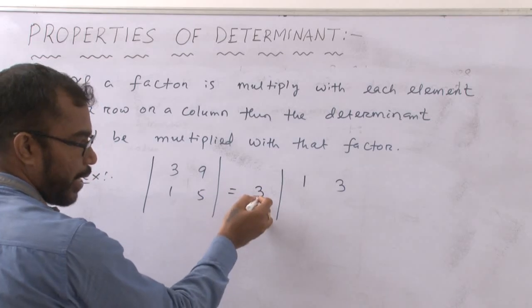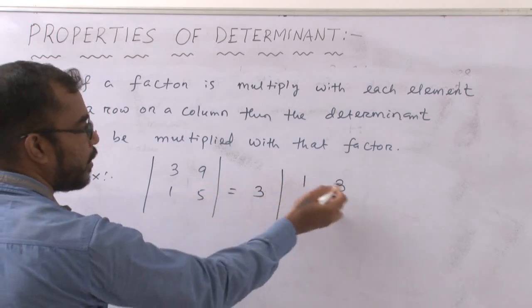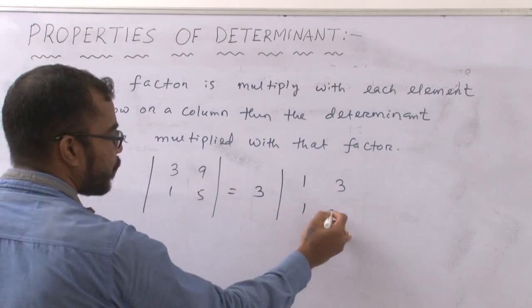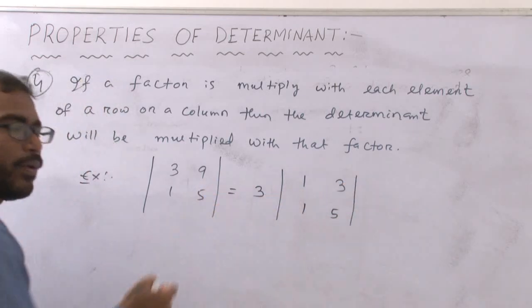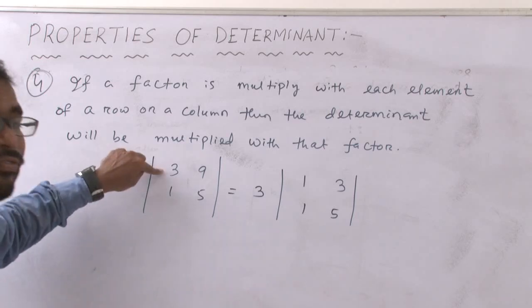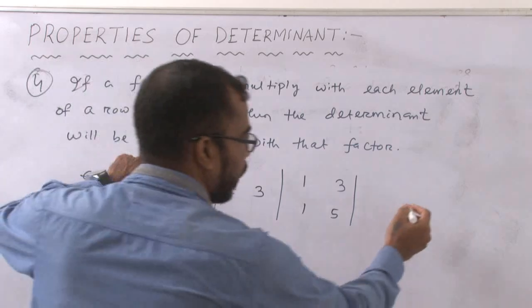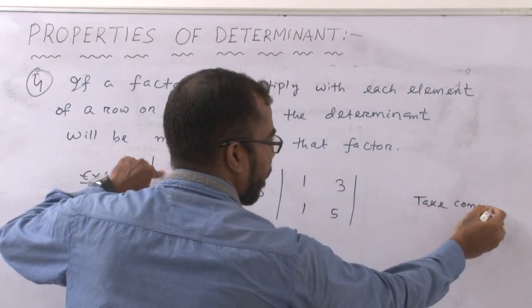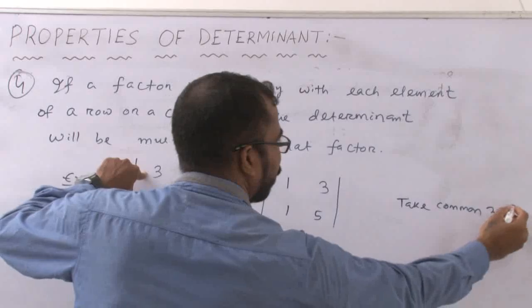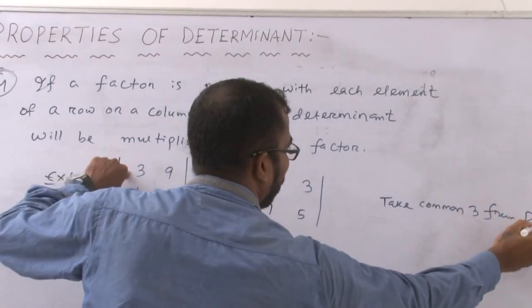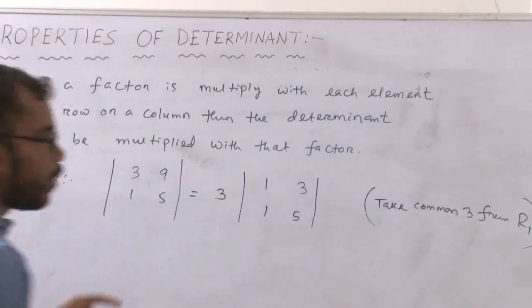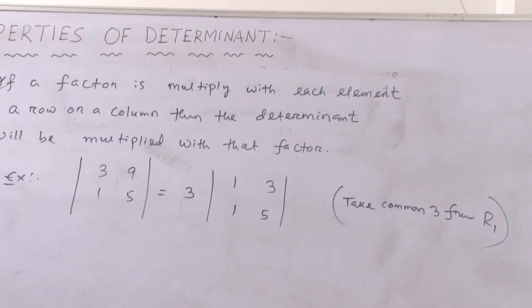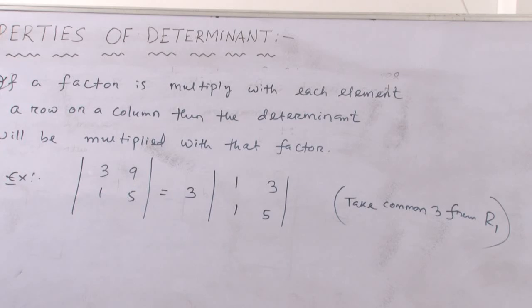The remaining part, R2, remains the same because we take common only 3 from R1. So this is the result.